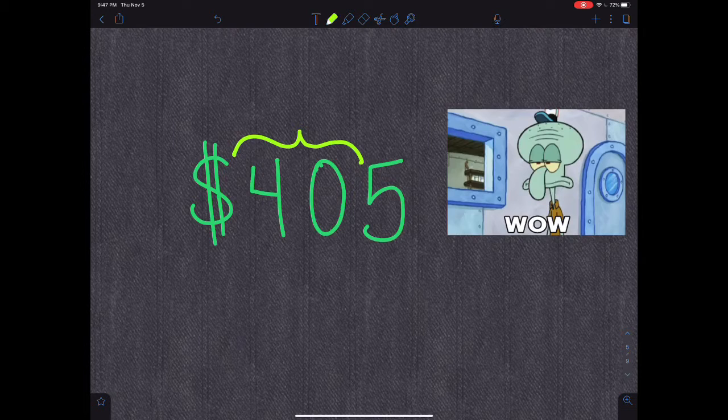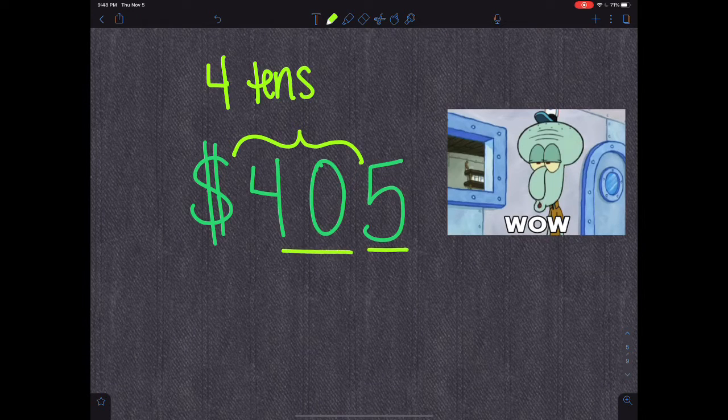Because 4 $10 bills, 4 tens, would make 400 because it's like 40 tens. It's like having the number 40 in the tens place. If this is the ones place and this is 40, but it's in the tens place. Isn't that crazy to think of it as 4 tens? I've never done that before.